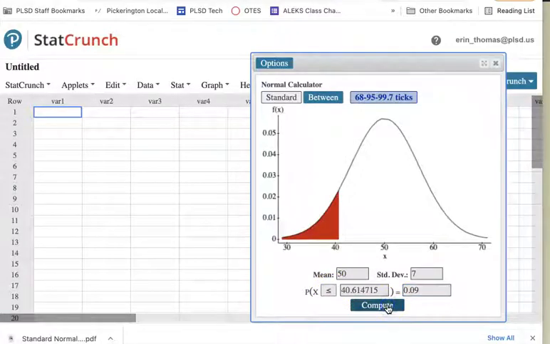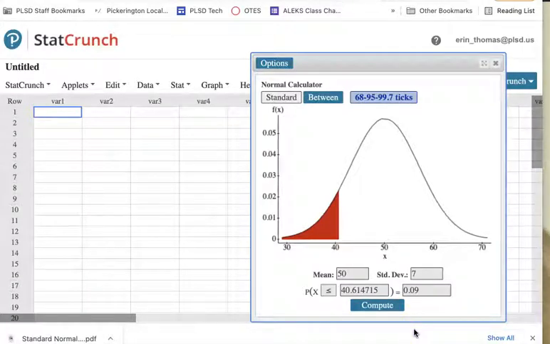So compute, and notice it fills in the value for me. This value doesn't really say what it's representing. If we knew what these were representing, we would know what to round to. Because we don't, I'm just going to take it to 2 decimal places.